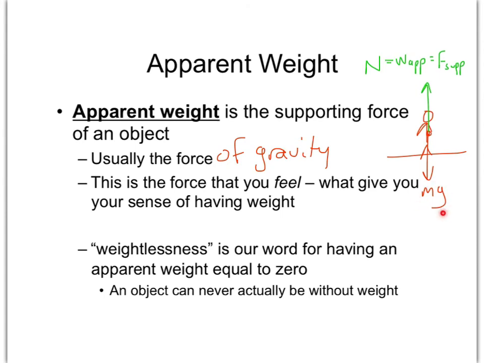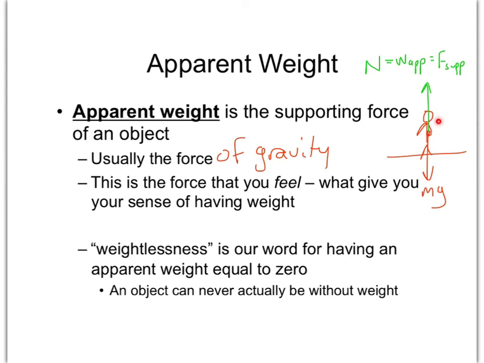But what if your whole system is moving upwards or moving downwards? That's going to mess with the weight that you feel, the apparent weight that you feel on the bottoms of your feet. You know this from being in an elevator, right? As you move up or down, if you were standing on a scale, that scale would register different values depending on if your elevator is moving up and down, because your system, in fact, let me draw this right here.